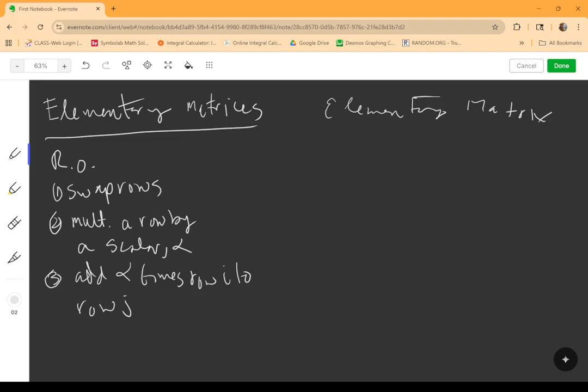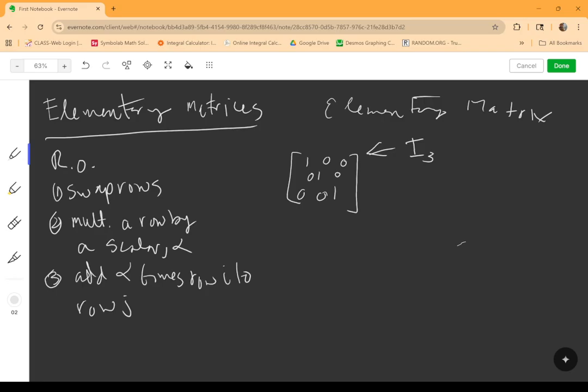So let's say, for example, we have a set of equations that has 3 equations. And again, a reminder, we have our identity matrix. Really, the elementary matrices are variants on the identity matrix.